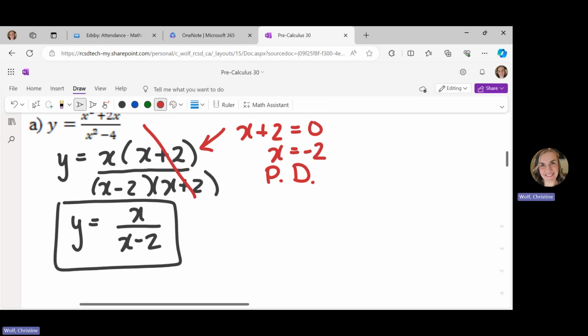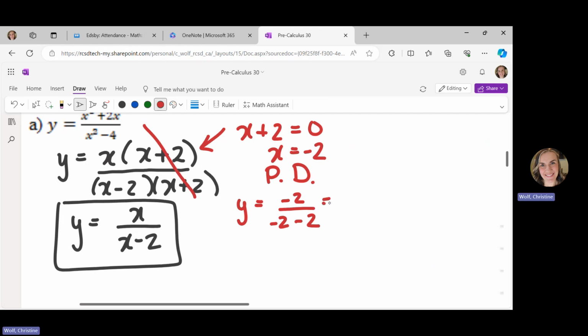That makes sense? So all we do is take our x equals -2 and plug it into our equation. And remember, you can use this one now, it's simplified. If you plug in -2, just figure out what y equals. So y equals -2 over -2 minus 2.